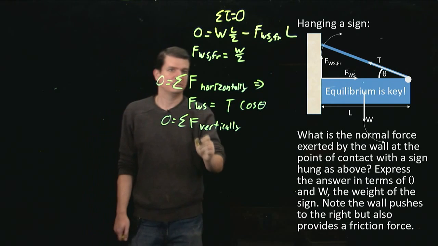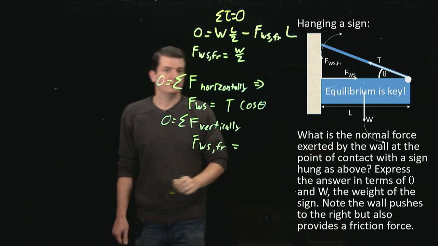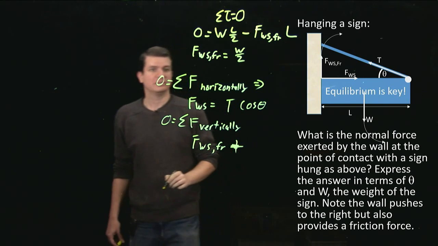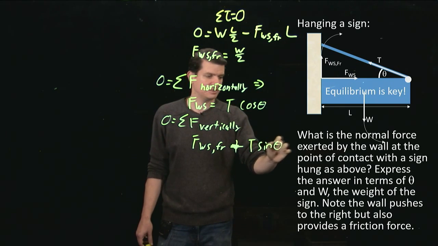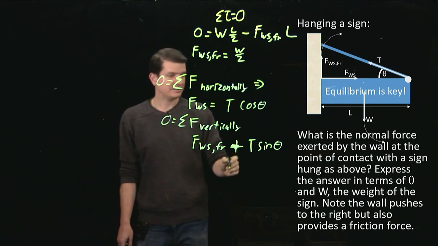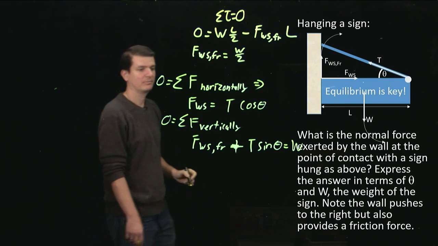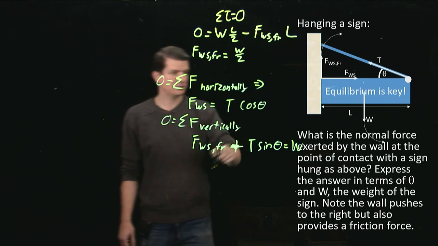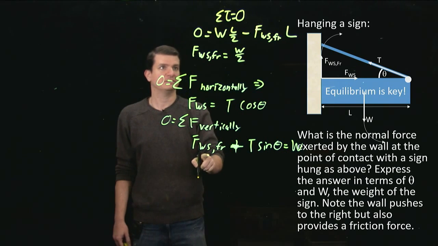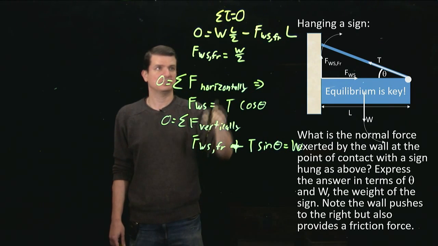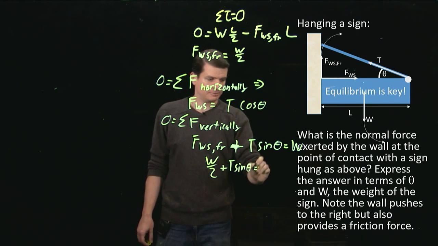Well, that's the friction force going up, plus there's another force going up, which is the component of tension, T sine theta. And that has to equal the overall force down, which is W. Okay, so great, now we're getting somewhere. From this one, we know what F_W,S friction is. It's just W on 2. So we have W on 2 plus T sine theta equals W.